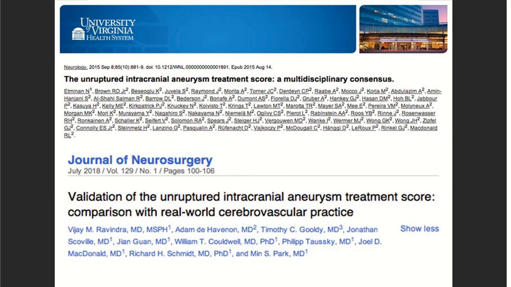To overcome that, there was another large enterprise to determine how we can best manage and make our best recommendation, and this was published 5 years ago in the journal Neurology. It's called the Unruptured Intracranial Aneurysm Treatment Score. Unlike PHASES, which relied on the published natural history data, this was determined very differently.